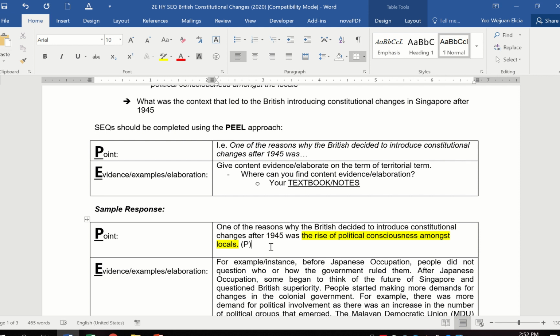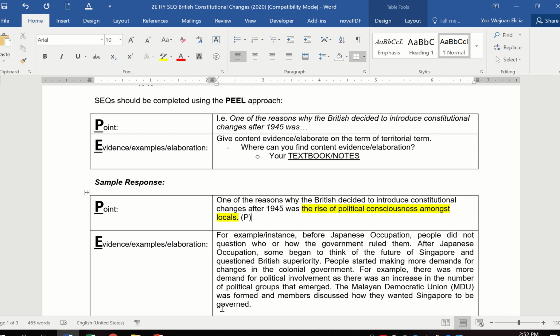Now after that, the next line, we need to give examples and to elaborate on what is the rise of political consciousness. The information that you include as part of your elaboration is your content that you have learned in class and in your notes and in your textbook.